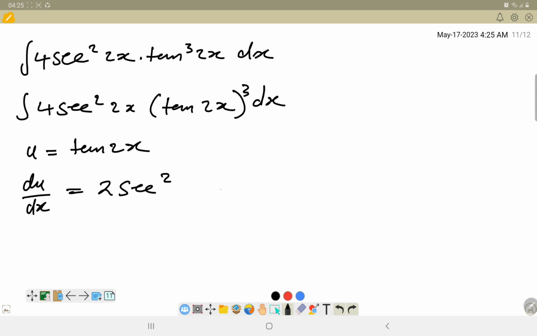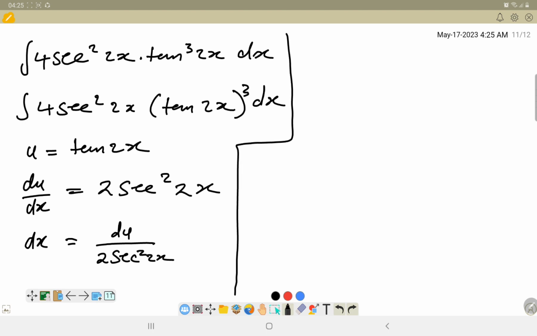So the derivative of tan 2x will be 2 sec squared 2x by differentiation. Like we did previously, we make dx subject of the formula, then we end up having du over 2 sec squared 2x.